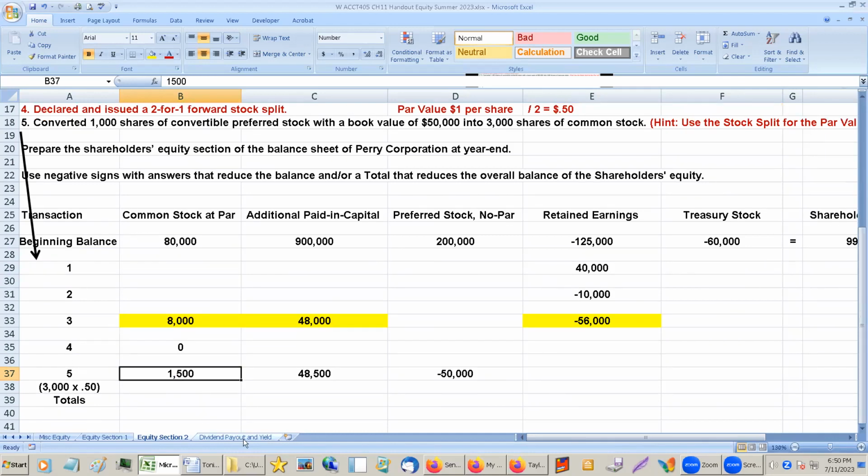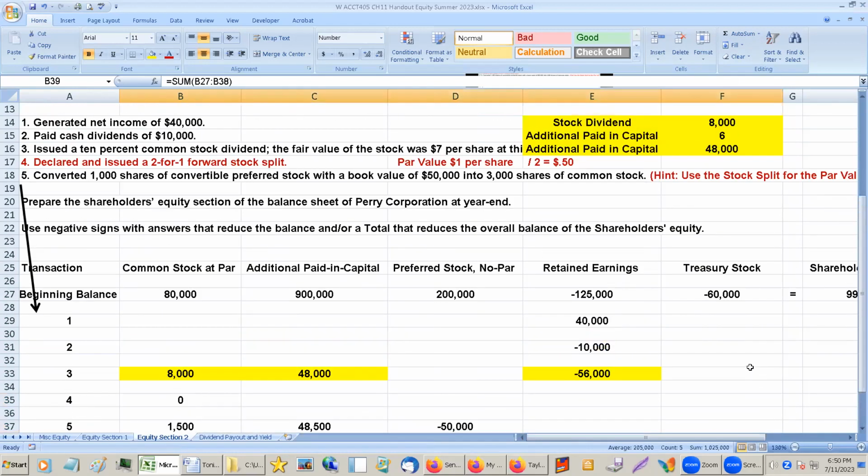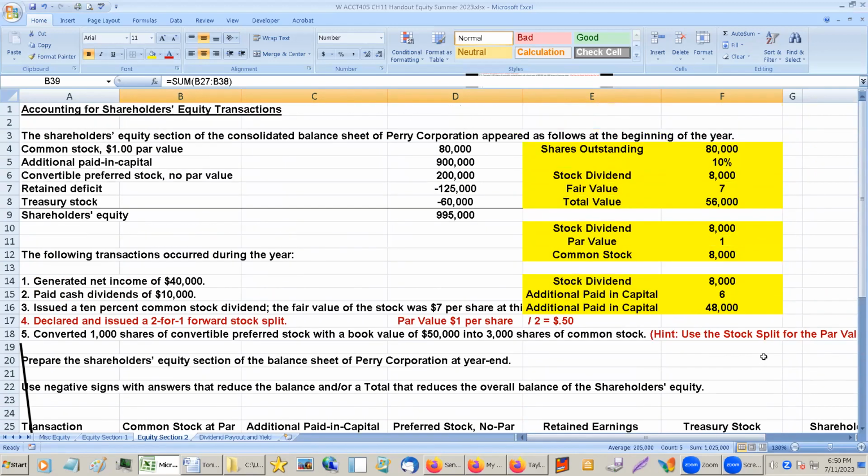So anyway, we got another 1,500 worth of common stock and 4,500 of this. So this is what this would look like. Do we not do anything with treasury stock? Nope.